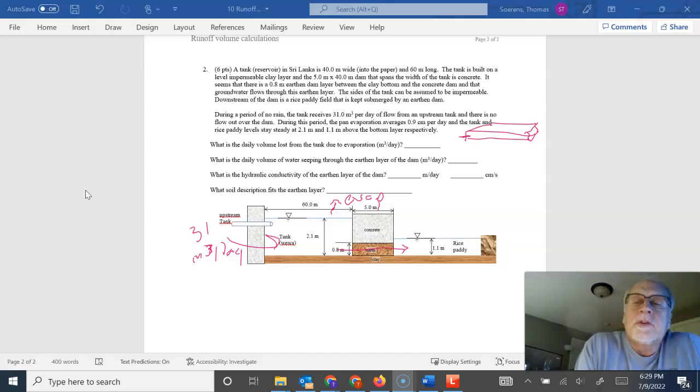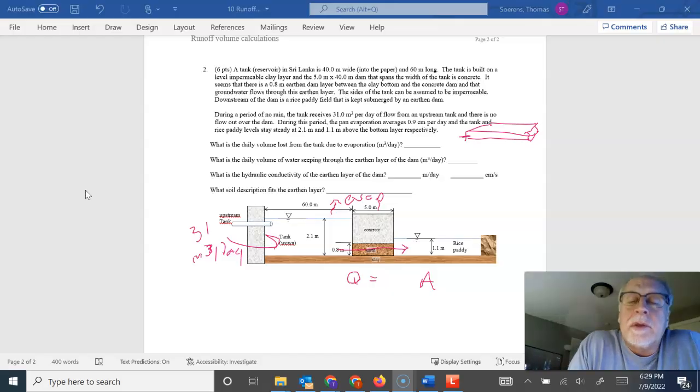So you solve for this, the evaporation, then you have the in, you have the out, the rest of the out has to be going through the dam here. And then you have the flow through the dam. You have the area of the dam, 0.8 meters times 40 meters into the paper.